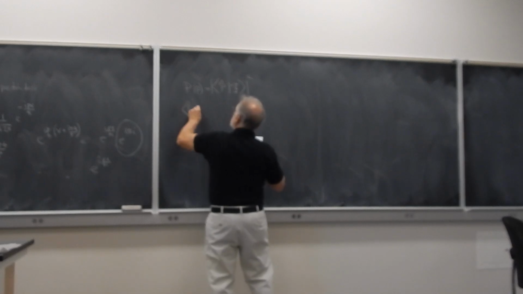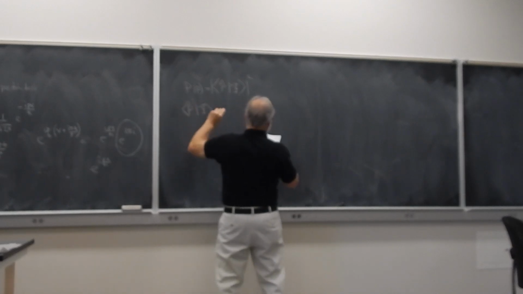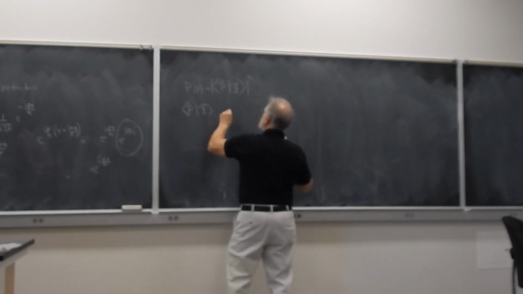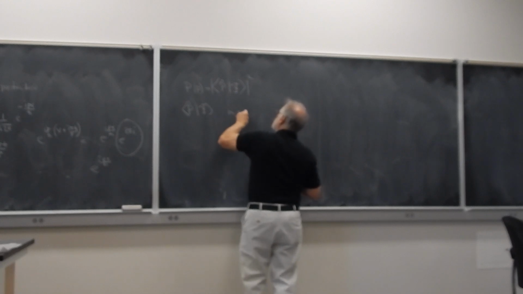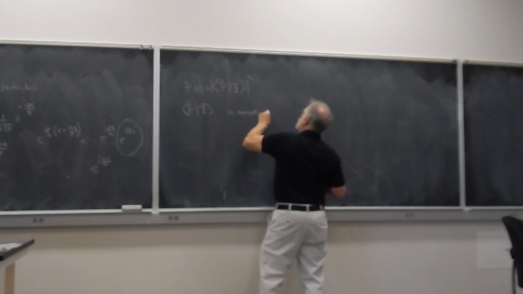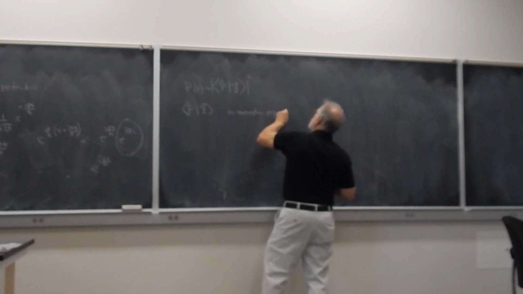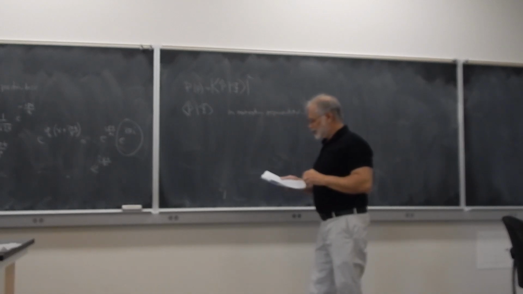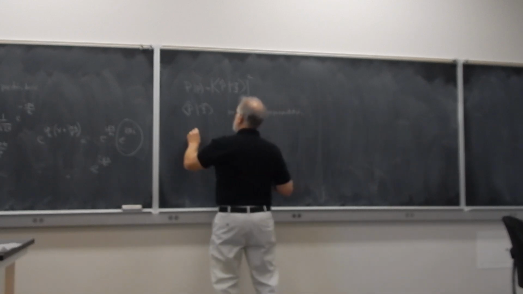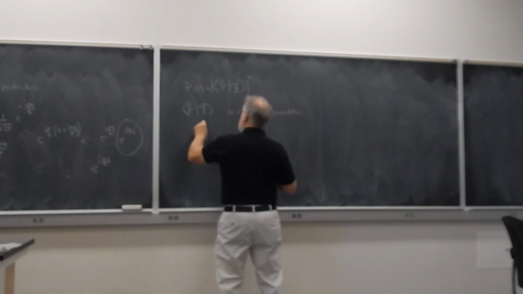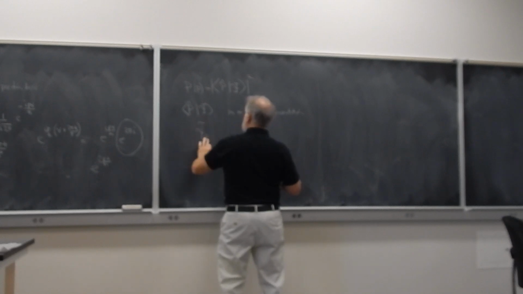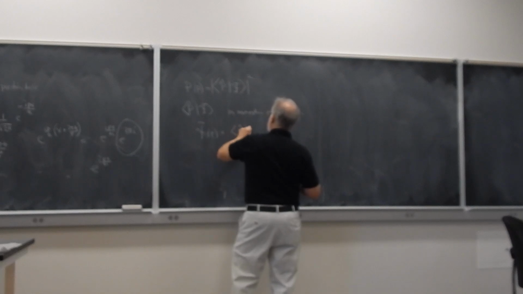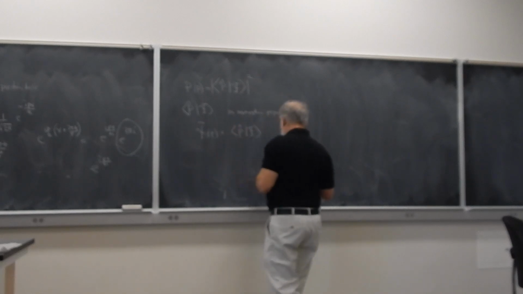We can say that the inner product of p and psi is just the wave function in the momentum representation. So now we're not in the x representation, we're in the momentum representation. And we can write that psi tilde of p is equal to the inner product of p and psi.